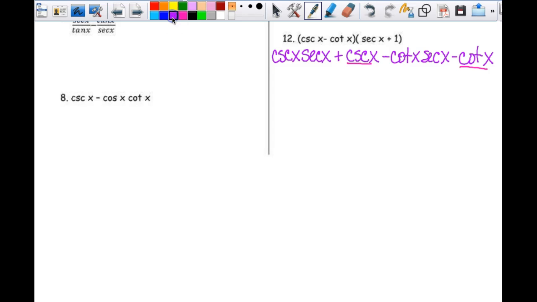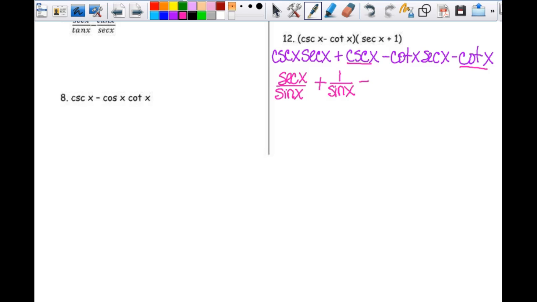All right, so let's change these so that sine will be in the denominator, which means cosecant times secant is going to become secant x over sine x. We agree with that? Plus 1 over sine x minus, okay, my cotangent becomes what?